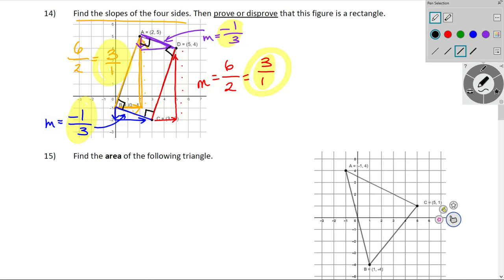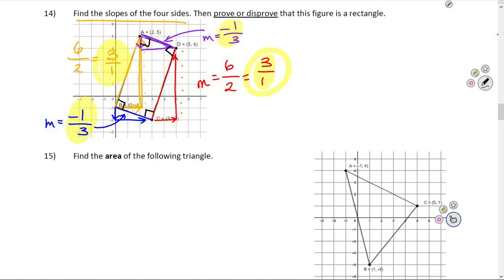So it must be a rectangle because the adjacent sides all have slopes that are negative reciprocals. I should write this out in words, but due to the time in this video, I'm not going to write it out word for word. But basically, it has to do with the adjacent sides having slopes that are negative reciprocals.